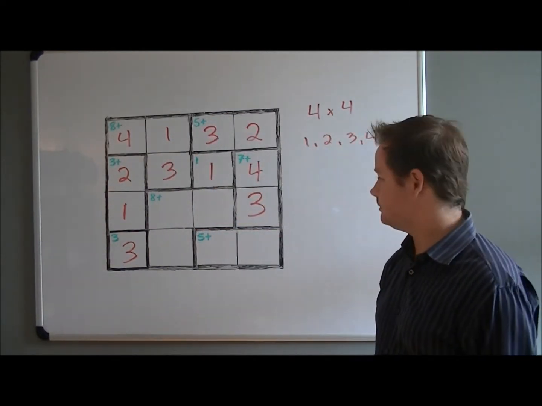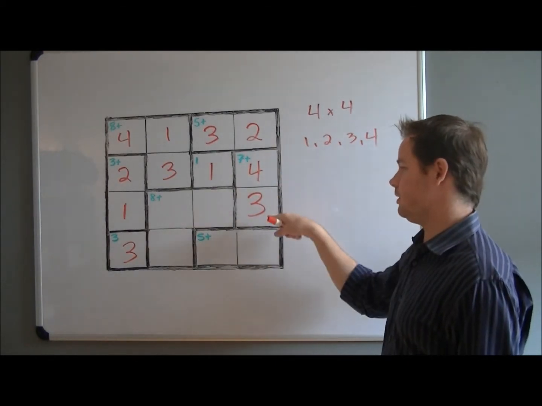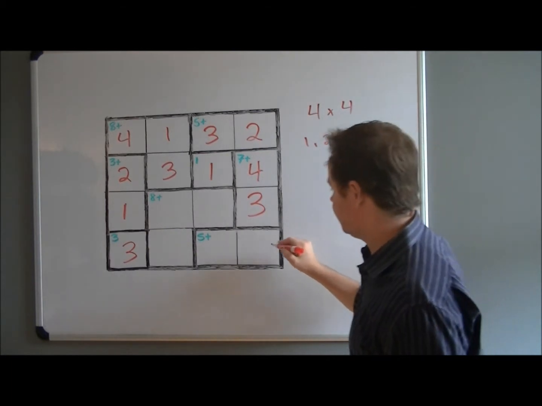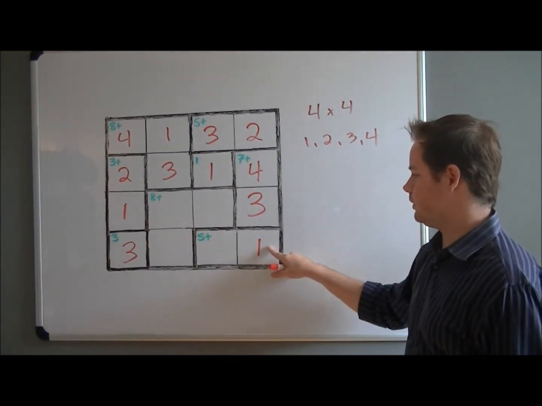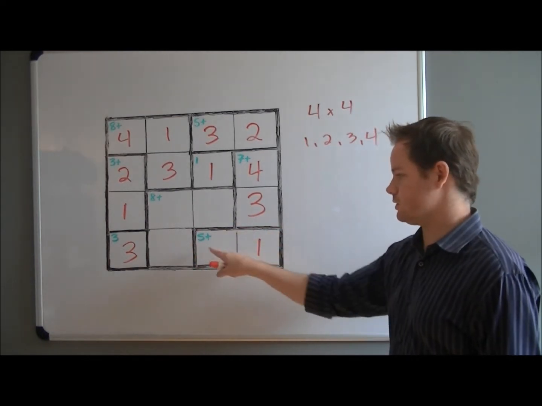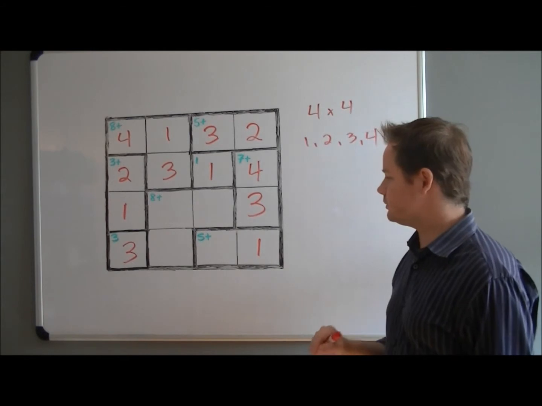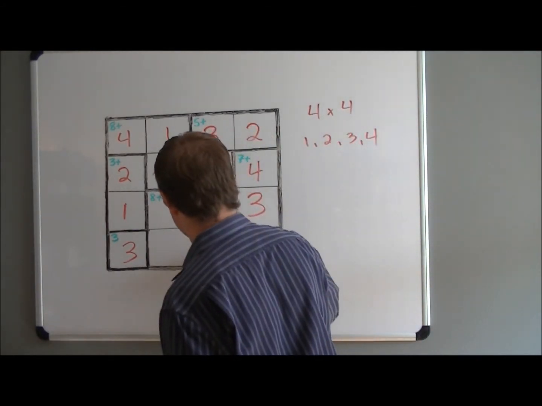Now if we look at this column on the right, we have 3 numbers there. We're only missing 1. That's a 2, 3, and 4. But we're missing 1 in that column, so we know a 1 goes there. And for these two to sum together to give us 5, that's a 5 plus, so we need 1 plus 4 to give us 5.